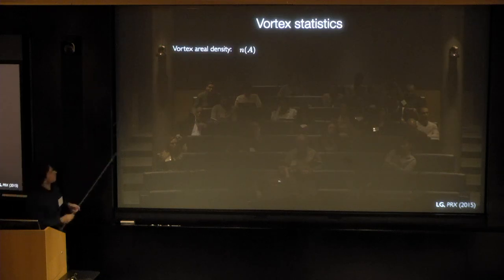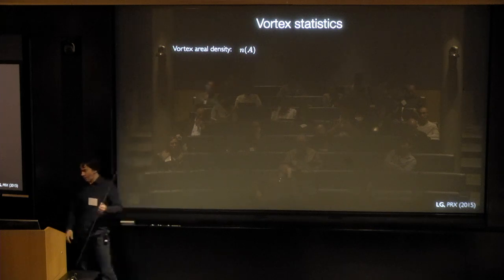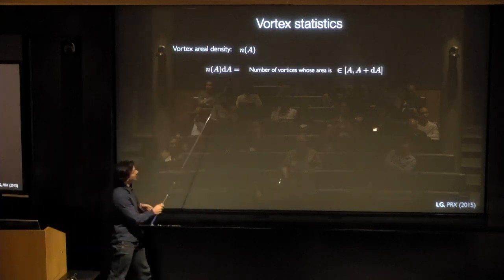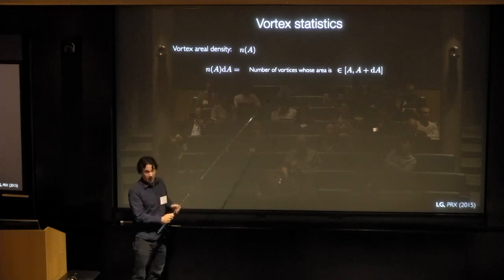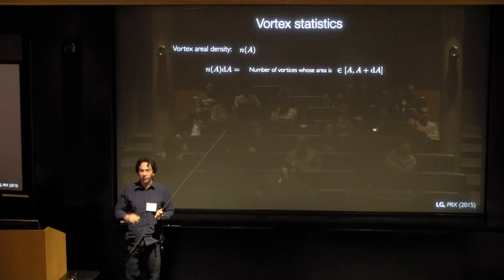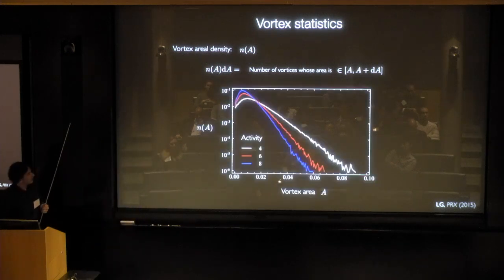All right, so this vortex areal density is a function, let's call it n of A, such that the product of n of A times dA is the number of vortices whose area is between A and A plus dA. Okay, so it's a simple vortex areal density. This quantity can be measured, and this is the result.